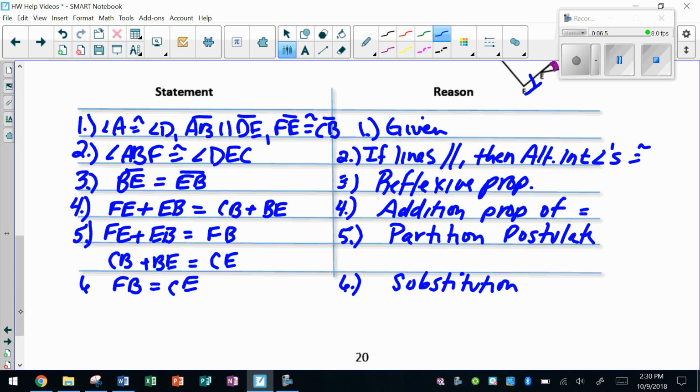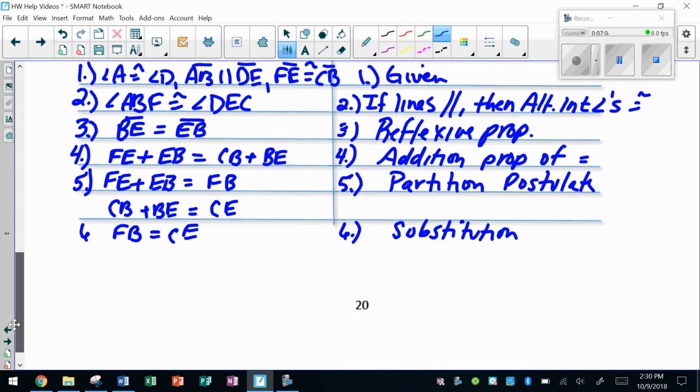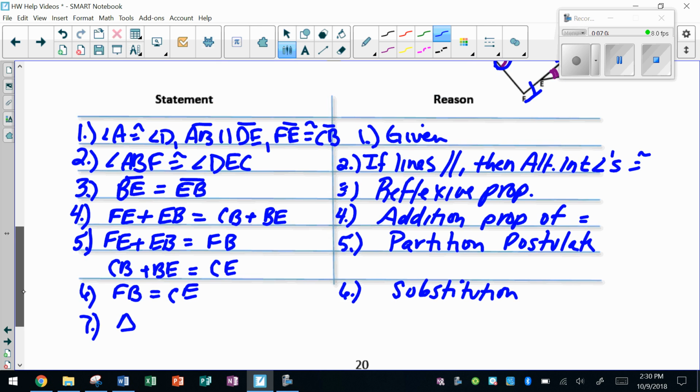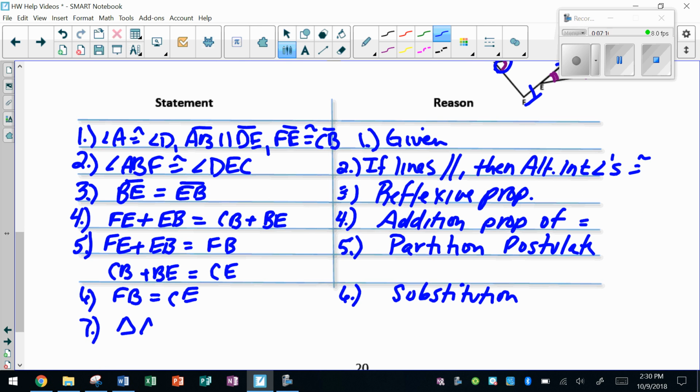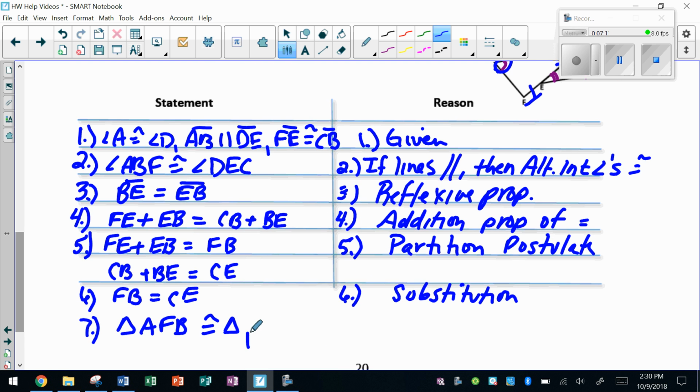which will now get me the triangles, because I have that third congruency. I already had the angle in the given, I got the alternate interior angles from my parallel lines, and I just got that side. So I'm ready to state that in step 7, triangle AFB is congruent to triangle DCE by, and let's take a look at our picture and our markings.